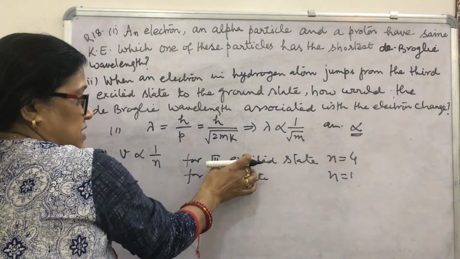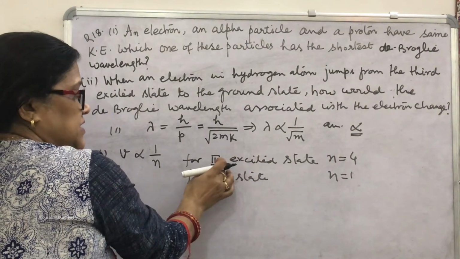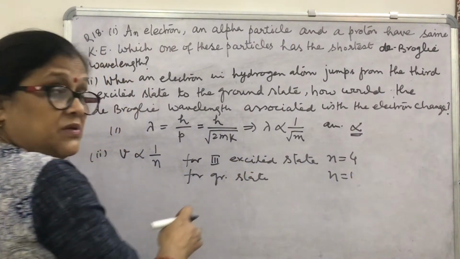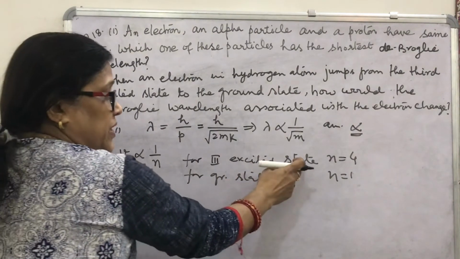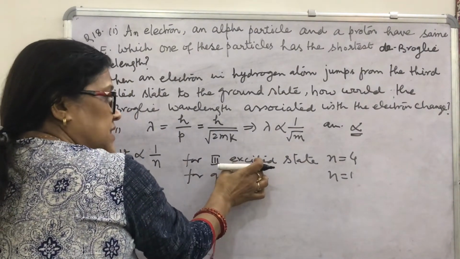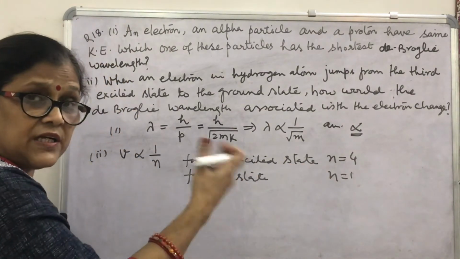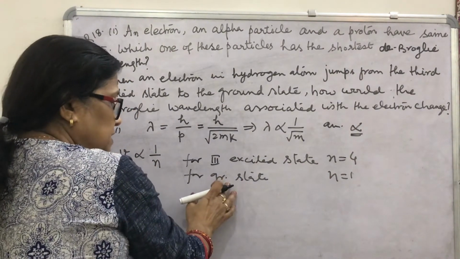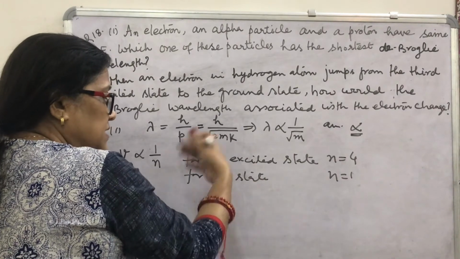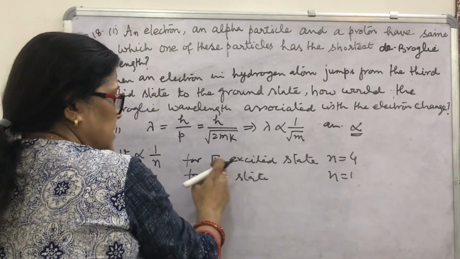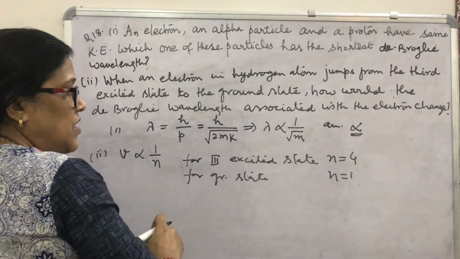Most of the students make the mistake: third state, so they write n equal to 3. This is the point to be noted. For the third excited state, n equal to 4, because the ground state is n equal to 1. First excited state, n equal to 2. Second excited state, n equal to 3. Then third, n equal to 4.